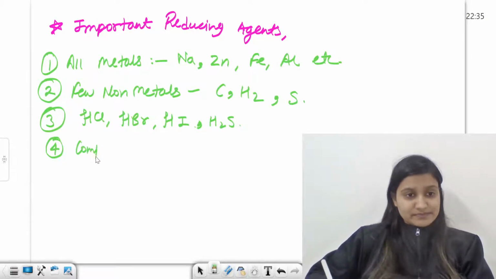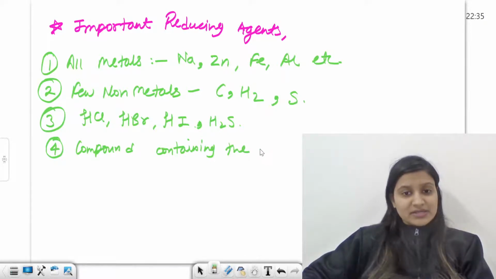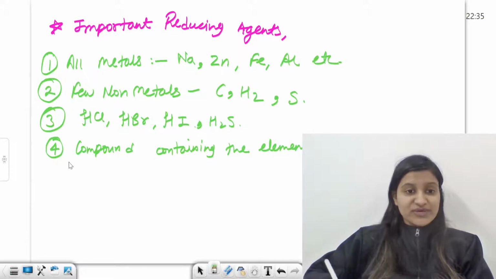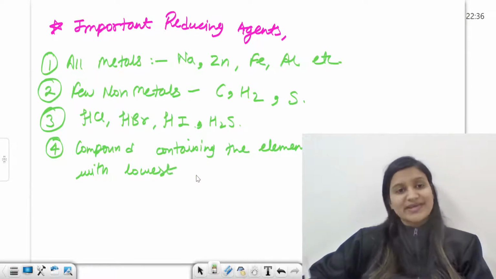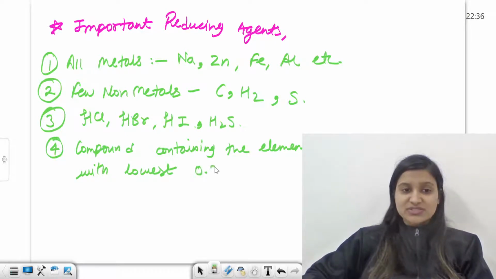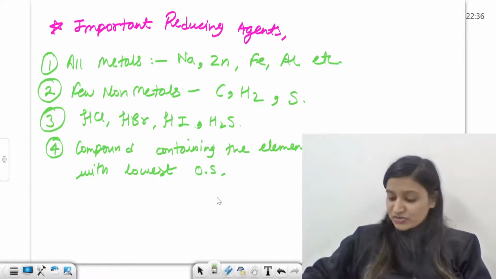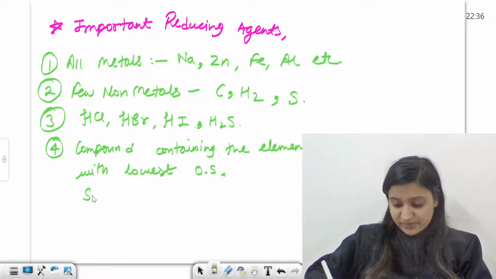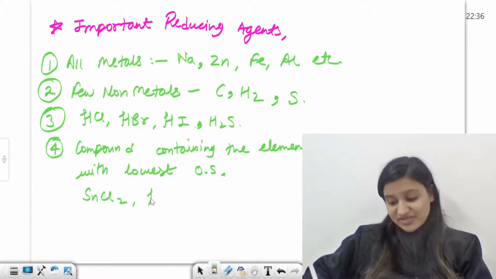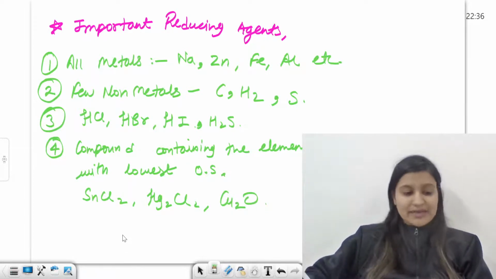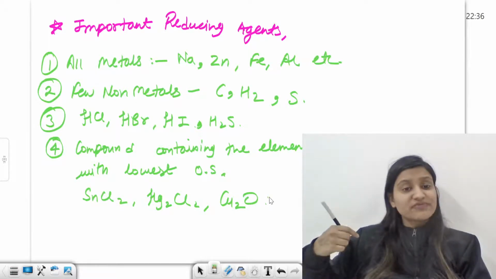Here, it is a compound containing the element with the lowest oxidation state, just the opposite. We'll discuss what oxidation states and oxidation numbers are. Don't worry about that, guys. It would be SnCl2, Hg2Cl2, Cu2O. These are the examples.